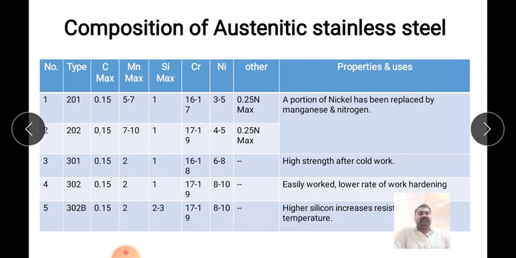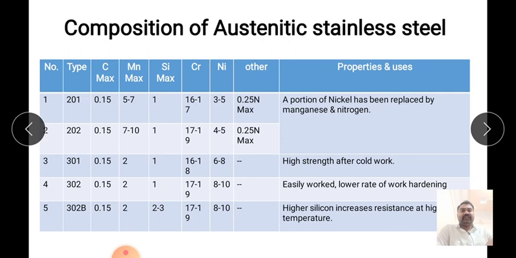Then the composition of austenitic stainless steel. Here again five types of austenitic stainless steel are there: 201, 202, 301, 302 and 302B. Here the carbon percentage is the same, that is 0.15%. Then manganese percentage varies, 5 to 7% in the first type, 7 to 10% in the second type.